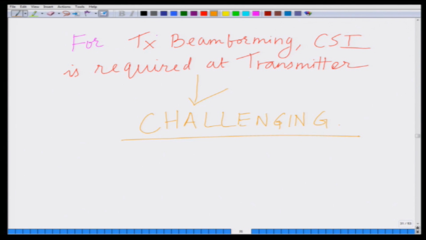That is, for the channel state information to be known at the transmitter is challenging.